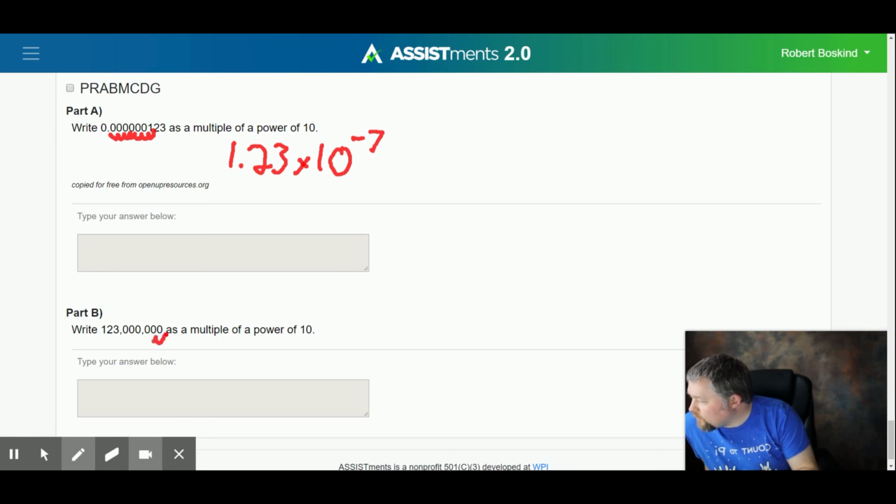Now, this one we're making bigger. The decimal point was after that last 0. That's 8 spots, but we're making it bigger.